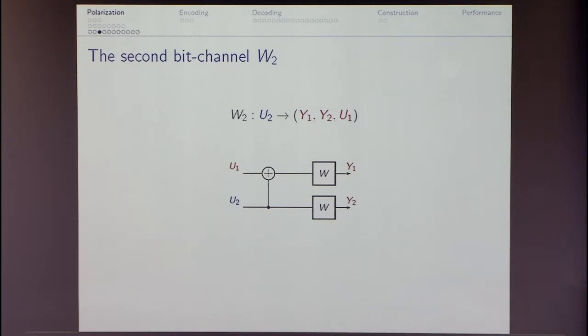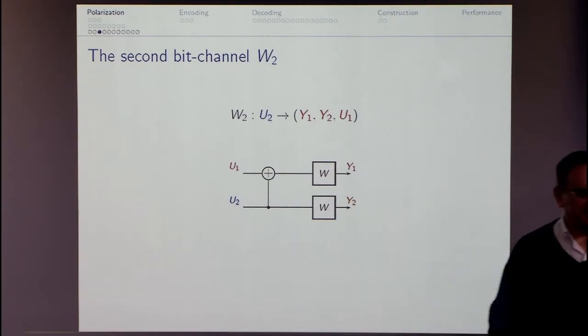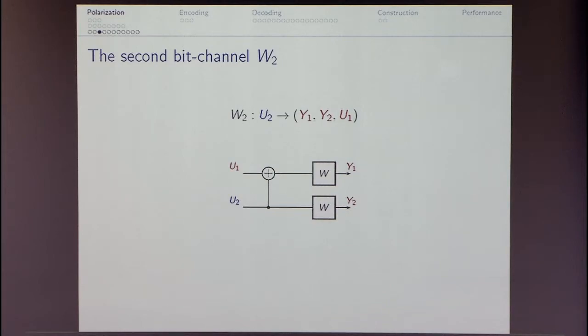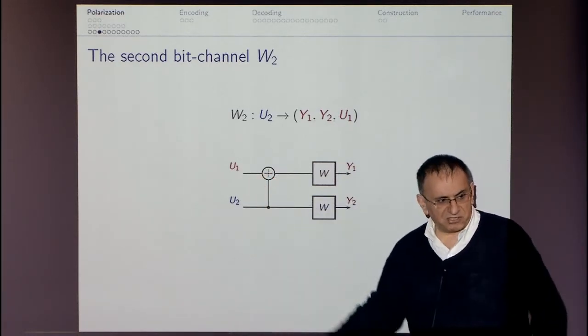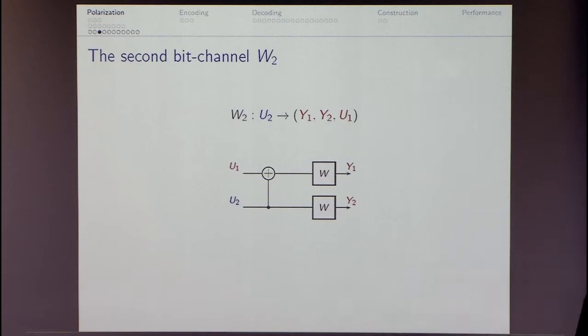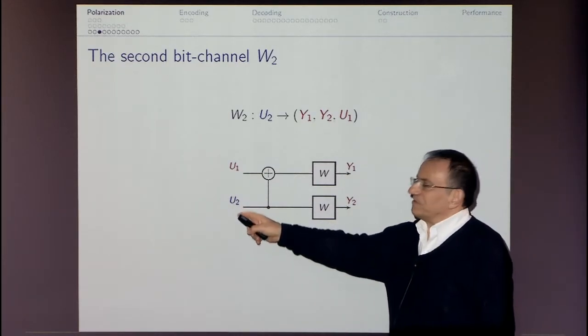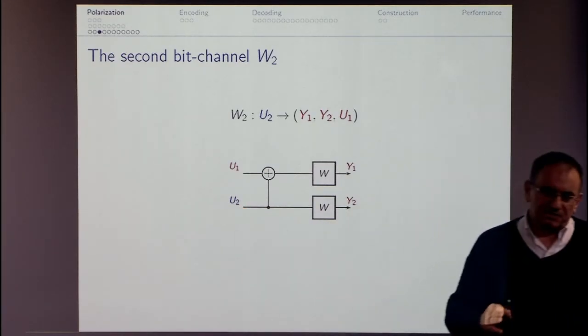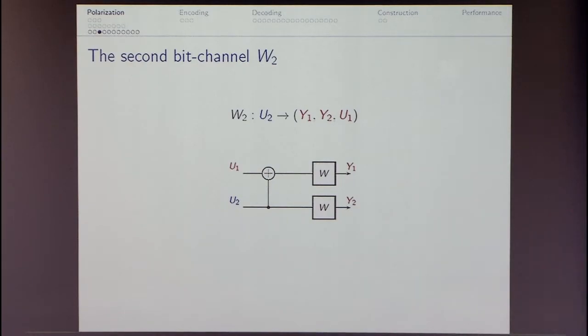Initially we get help from the genie, but as the construction size grows, we don't really need the genie as long as we do the right thing. In other words, don't send any data on unreliable bit channels, and as long as we have a good enough decoder that estimates, that really means that we should be using only those channels which are sufficiently reliable.